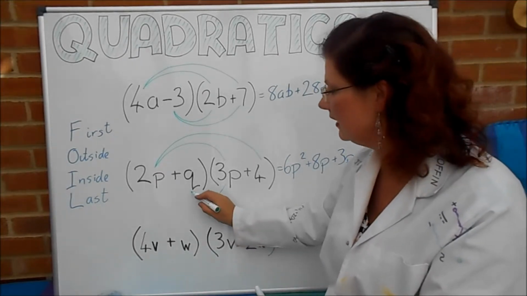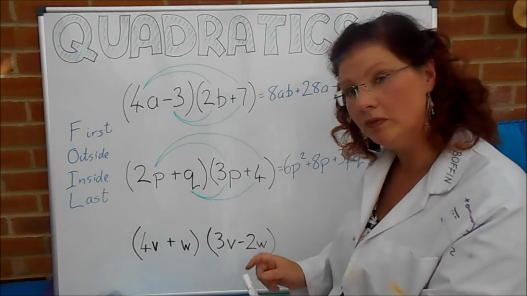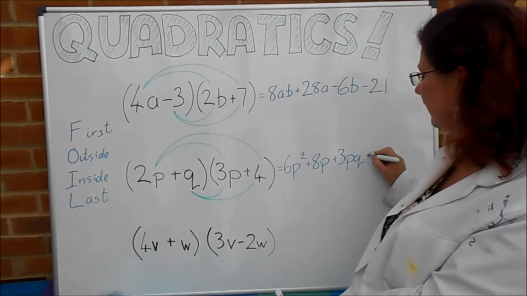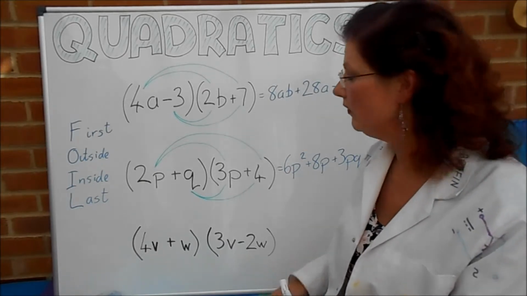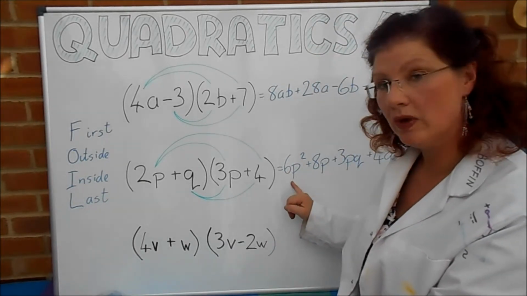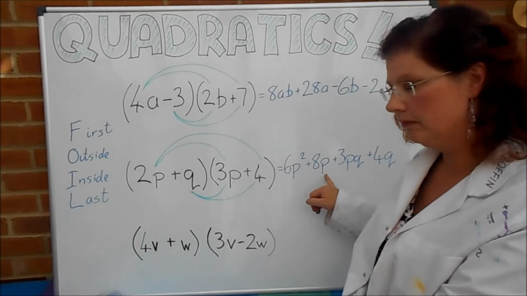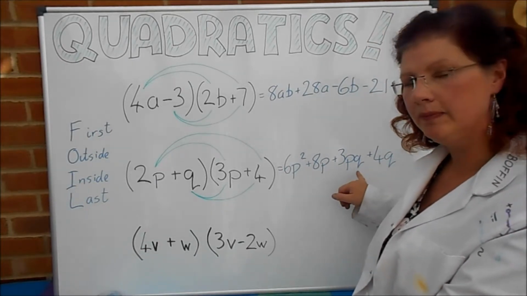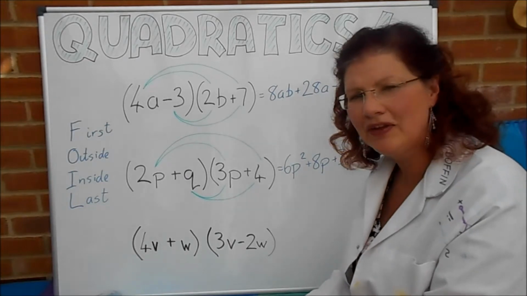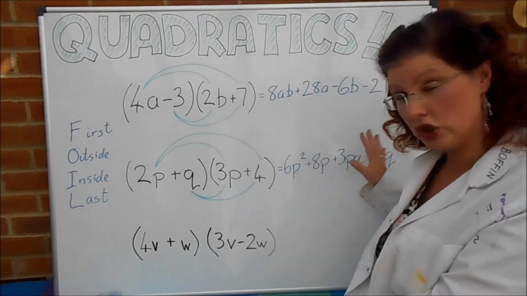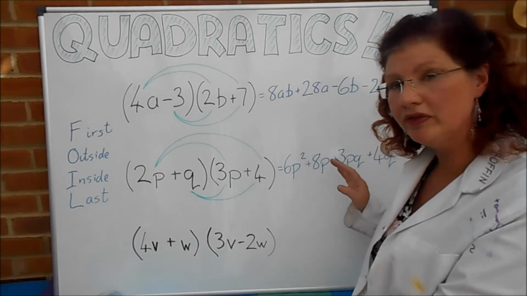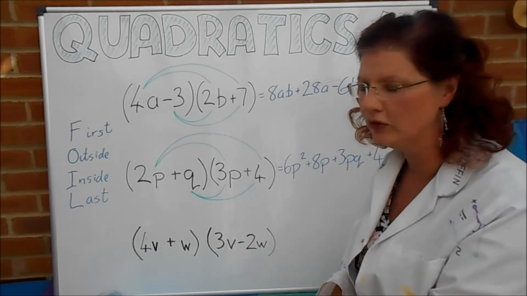And lastly, q times 4, that's easy, plus 4q. Now, looking at what we've got here, we have a p squared term, a p, a q, and a pq. Do any of those simplify? Well, no, they don't. So you shouldn't have simplified that one. The terms are all different things there, so you should end up with just your last 4.